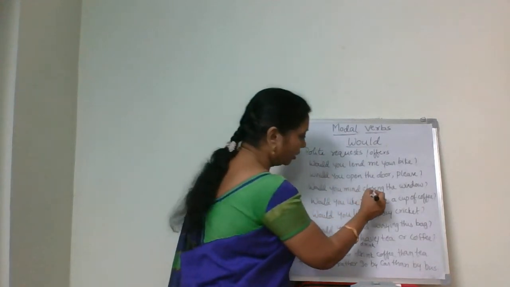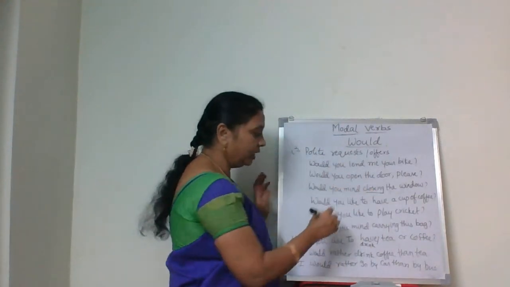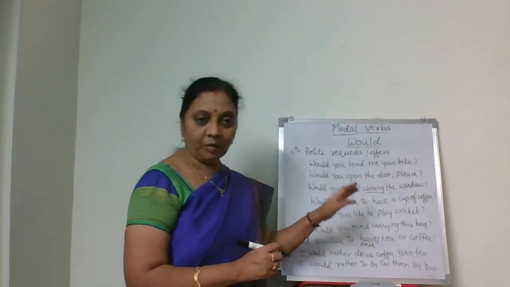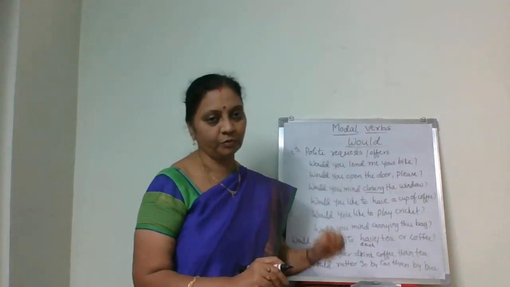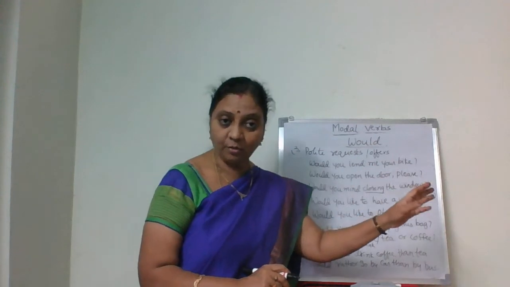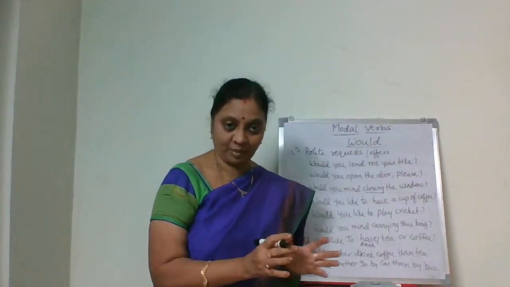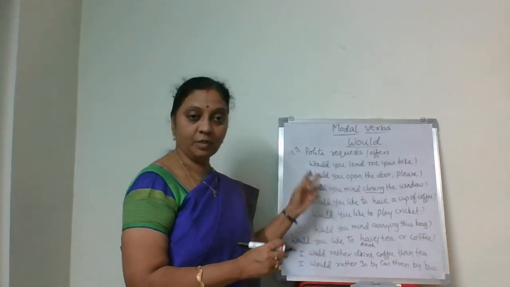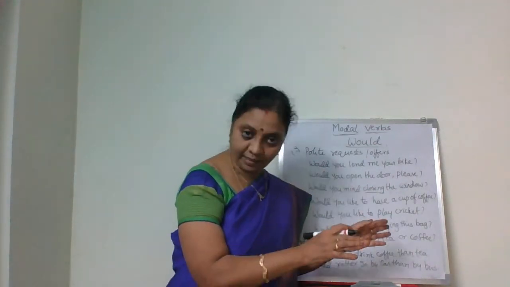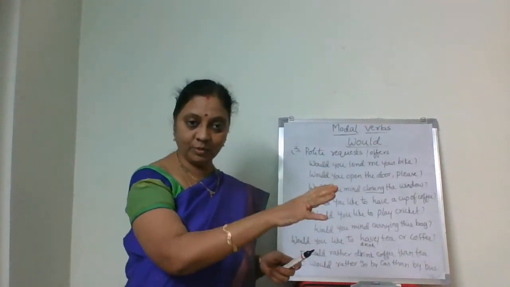Would you mind closing the door or window? After mind, you compulsorily have to use the ing form. So it is a very polite request, but here you have to use would you mind. Would you mind closing the window?